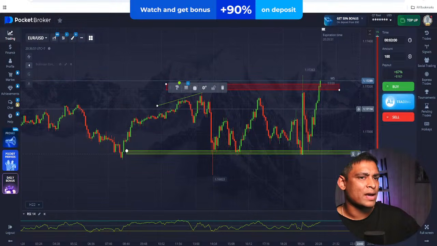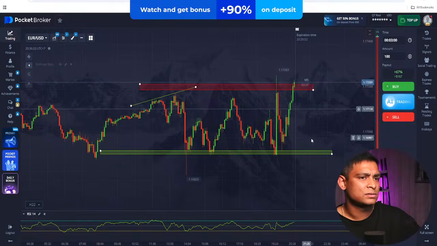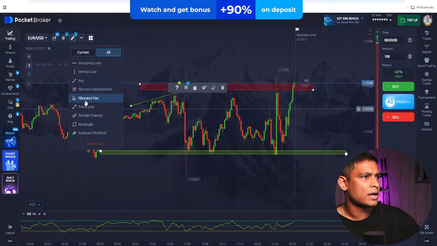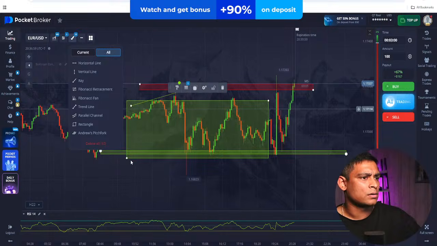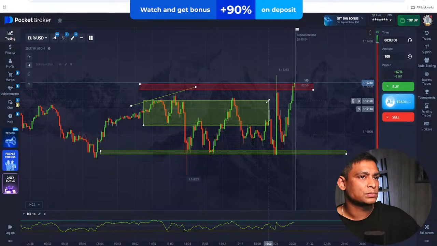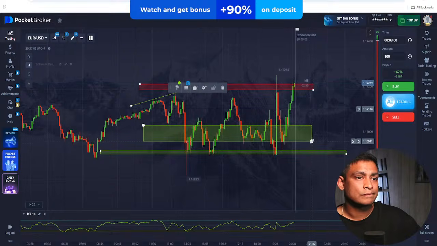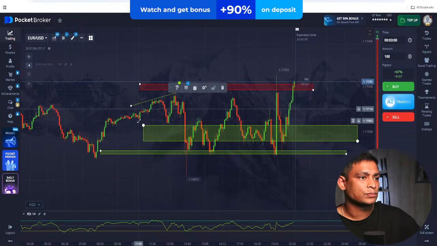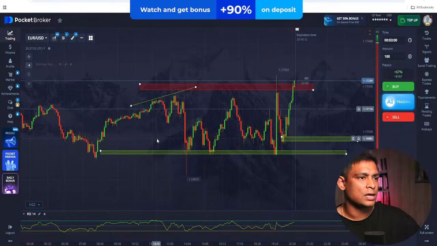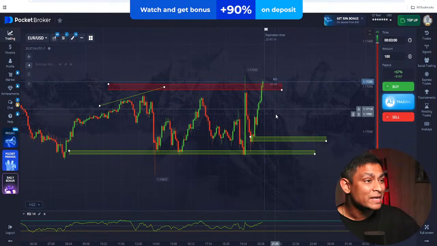Here we have a buyer block. We have a couple of buyer blocks in this zone actually. Here is another one which is immediately at the bottom.